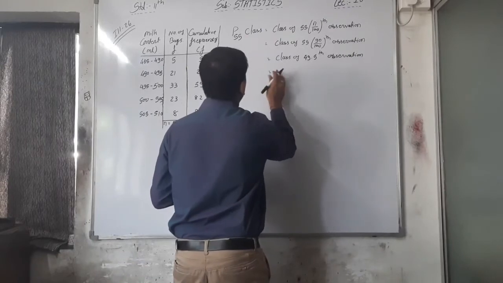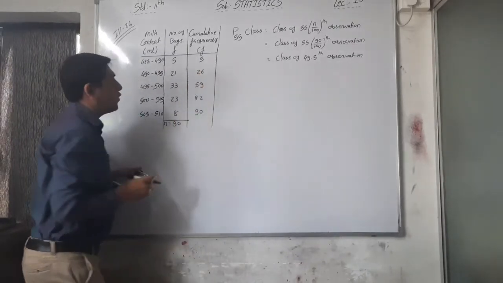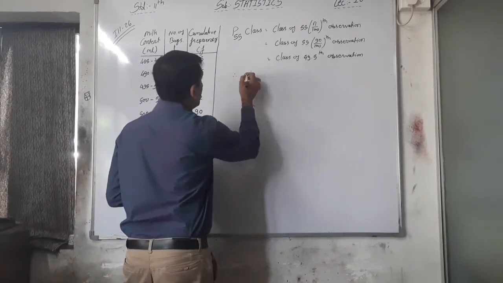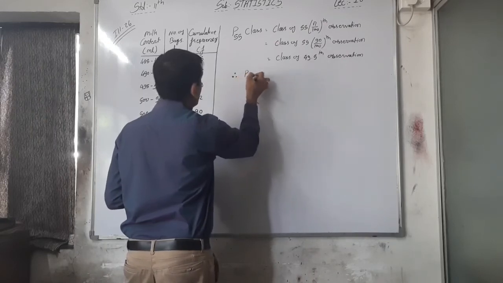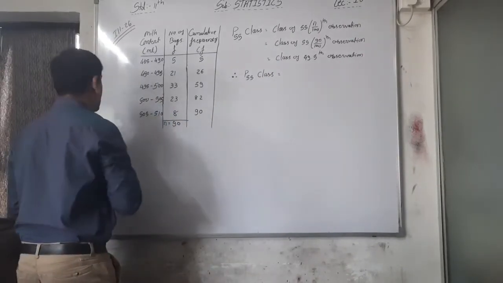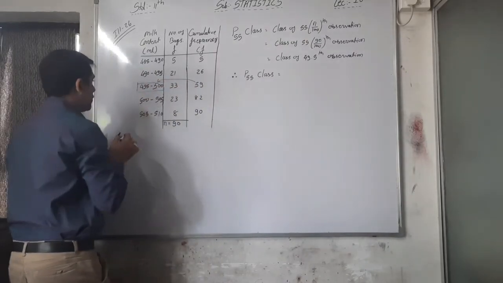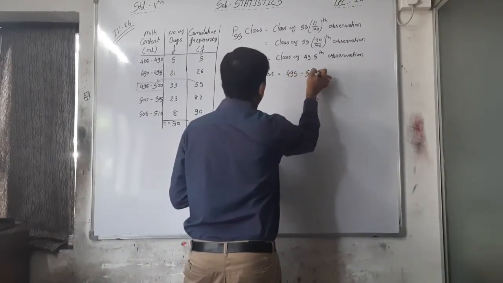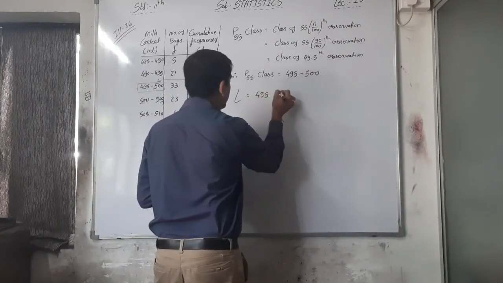See, the 49.5 observation lies between 26 to 59, right? So we can say that therefore P55 class is equal to 495 to 500, and for that L is equal to 495.